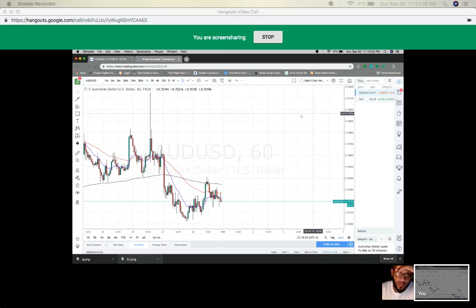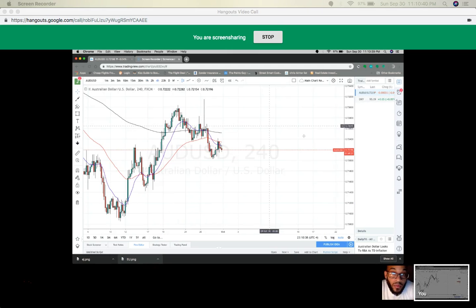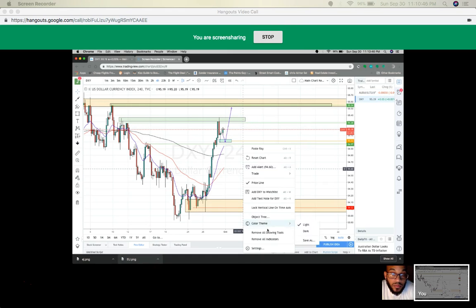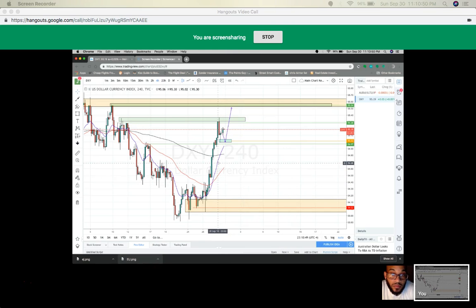The thing with the dollar index is that any pair that has USD at the end correlates with the US dollar. For example, I don't really want to mess this chart up.